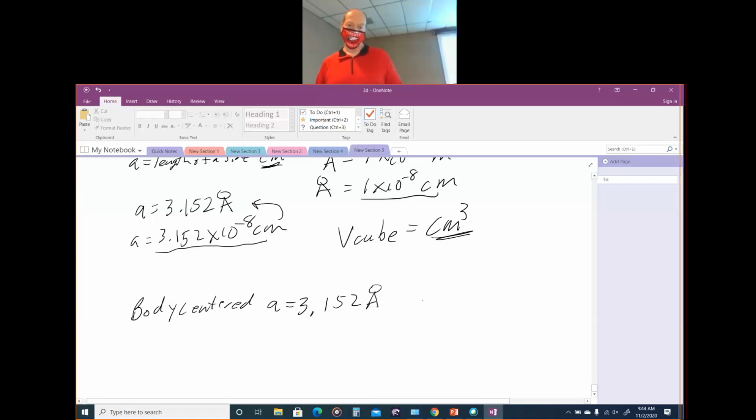And I have a density of 3.75 grams per milliliter. Again, you have to know from before that a milliliter is equal to a centimeter cubed. Normally they give it to you in centimeters cubed, but if it's a milliliter, you have to know that that is a centimeter cubed. All right, calculate the molar mass.